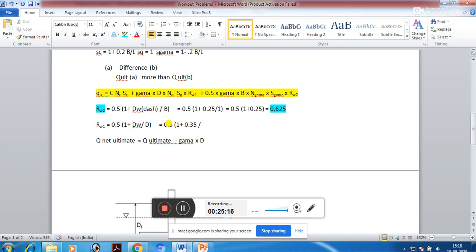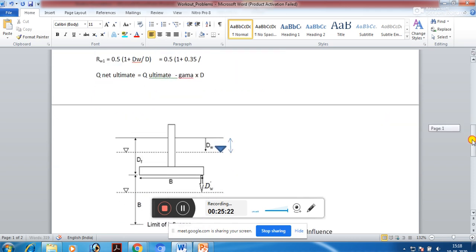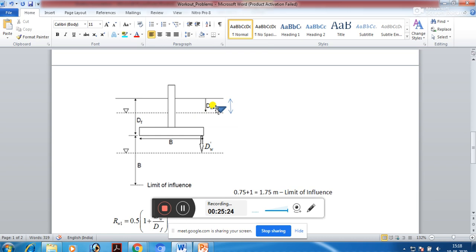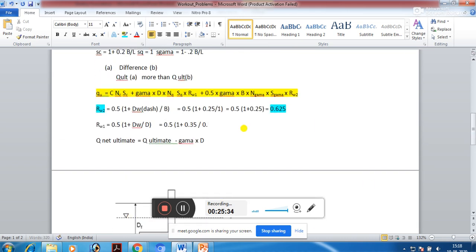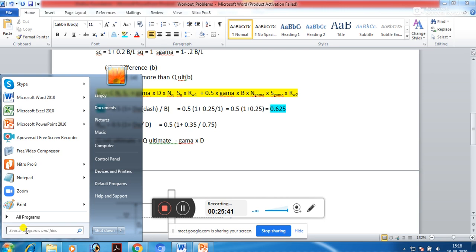You should not put the value of B. See the formulation you must remember. Here you will have to take dW upon Df. In this case you will have to take dW dash upon B. So in this case you put it 0.75. Is it clear?